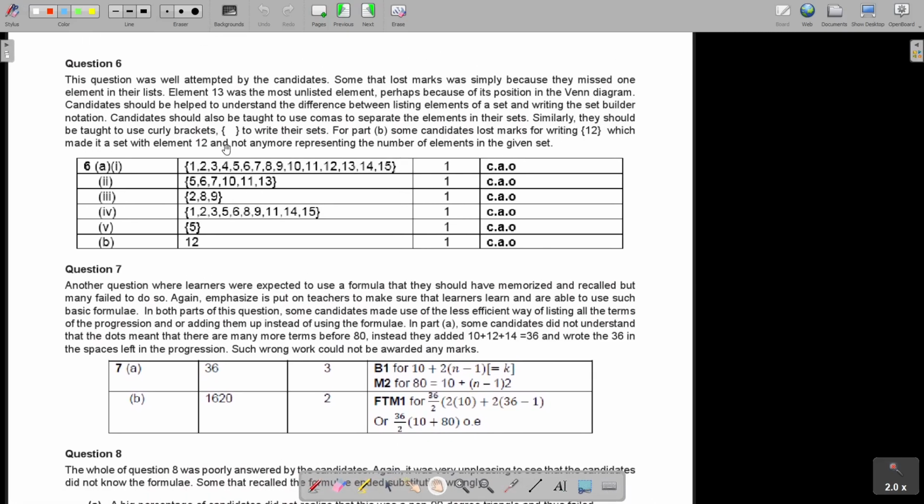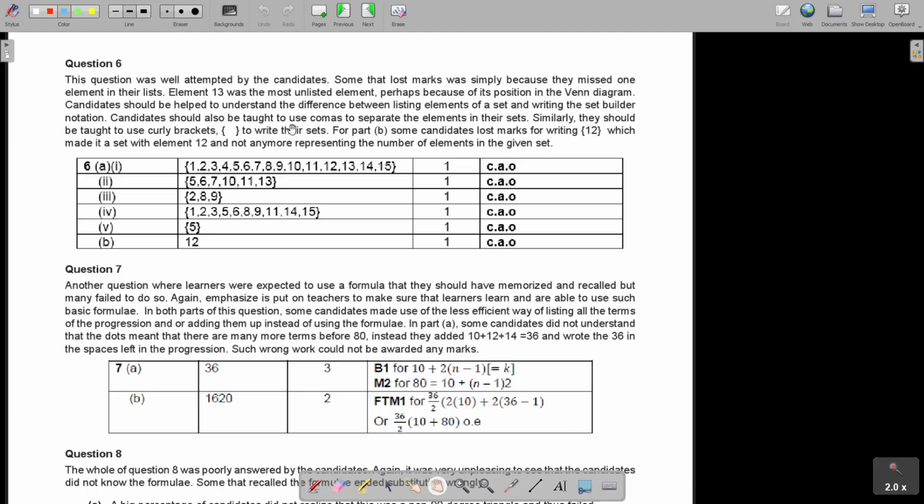The question was well attempted by the candidates. Some that lost marks was simply because they missed one element in the list. So just make double sure. Element 13 was the most unlisted element, perhaps because of its position in the Venn diagram. Candidates should be helped to understand the difference between listing elements of a set and writing the set builder notation.